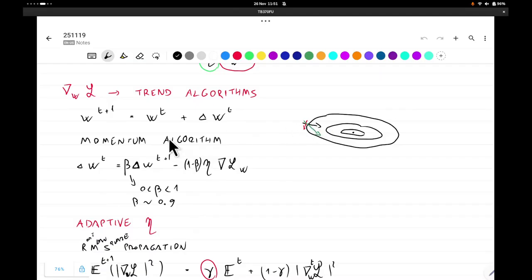And the idea is that this is one way to cure, if there are directions, so here would be just a two-dimensional loss function in which the gradient is shallow, and another direction in which the gradient is steep. We favor to increase the step in the direction where it is shallow and decrease where it is steep, because we want to avoid bouncing back and forth.